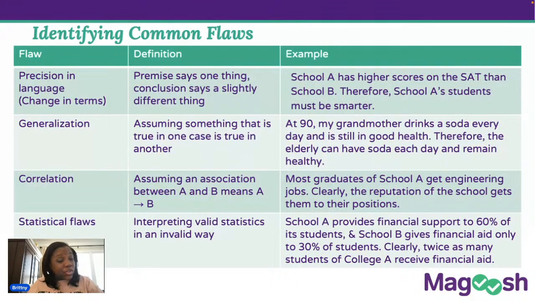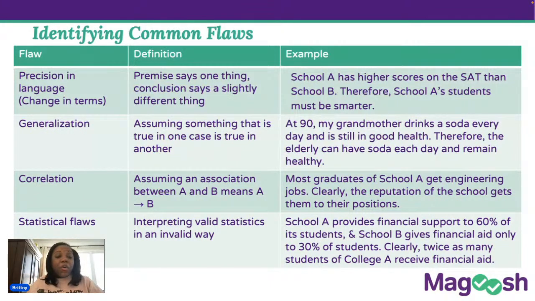Now that may be true, but there are other options for why these students may get engineering jobs. Maybe a lot of the alumni have engineering jobs and they send their children to this school A, and because their parents are engineers, they get a job. Or maybe there's a huge engineering firm that just hires these students out of the school.